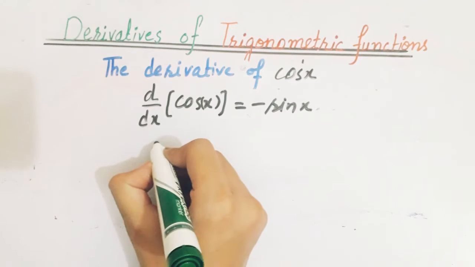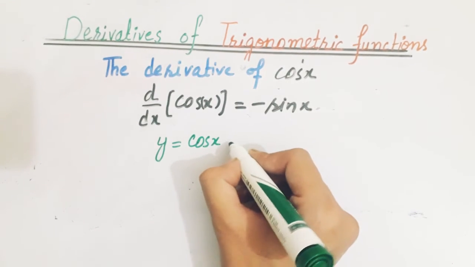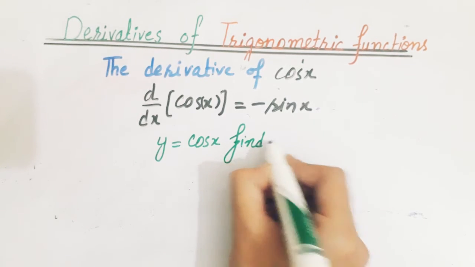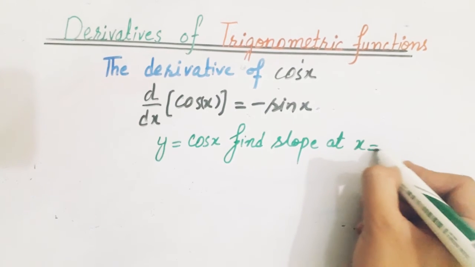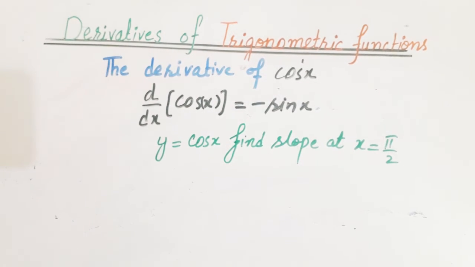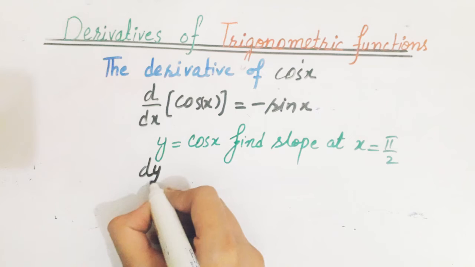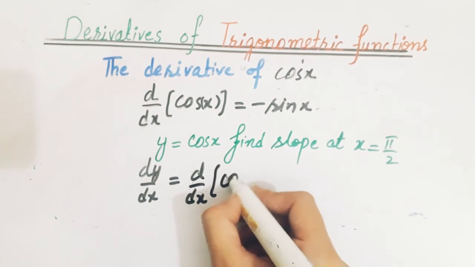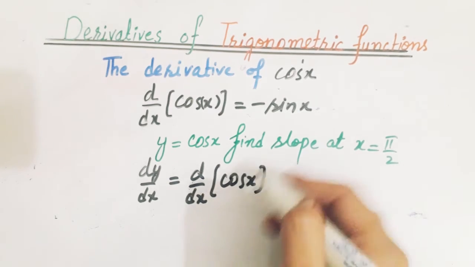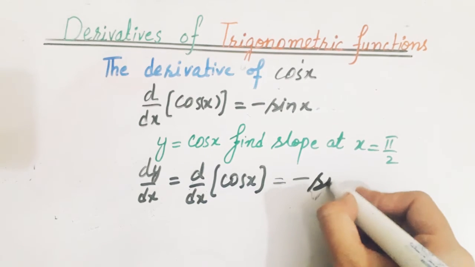Now we will do another example. Let's suppose you have a function y equals cos of x. Find the slope at x equals pi by 2. Pi by 2 means 90 degrees. So you will solve this as, first of all, find dy by dx, d by dx of cos of x, which is minus sine of x.